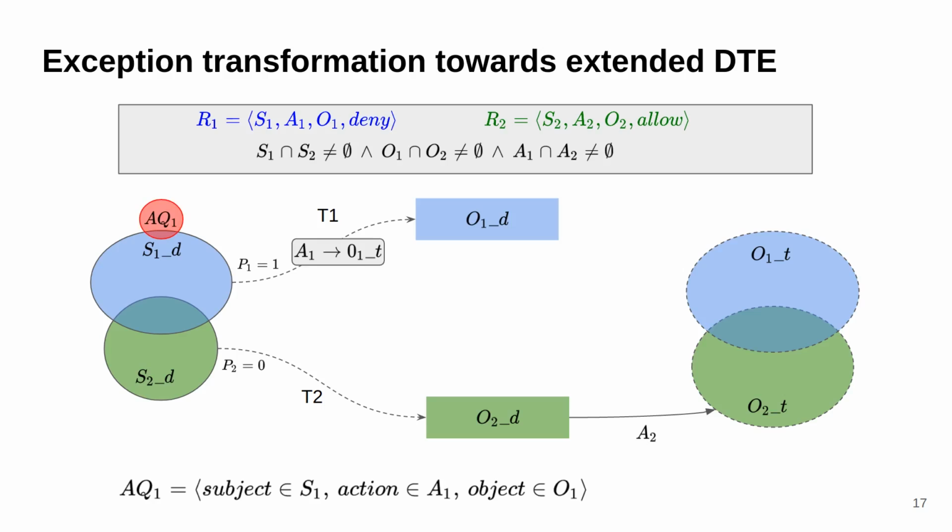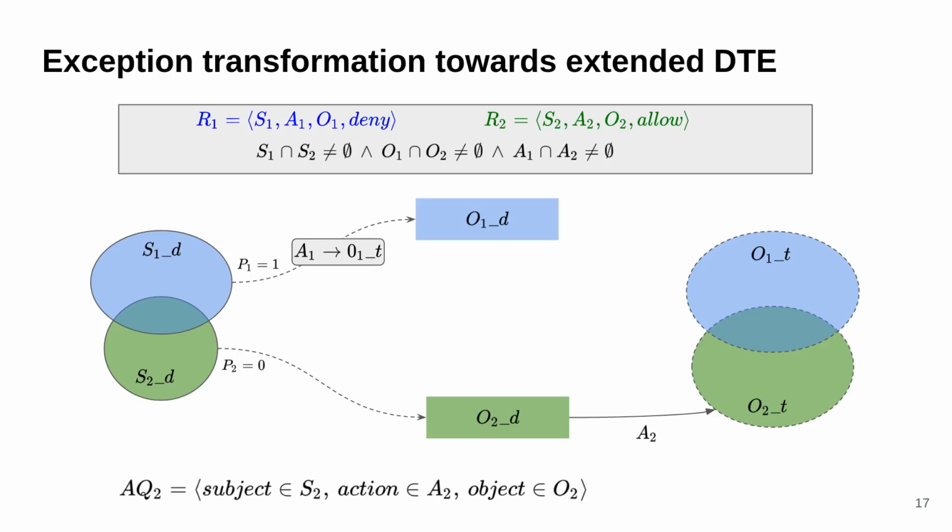AQ1 satisfies the conditions of the domain transition T1, therefore it will transit to the domain O1D, where the domain O1D does not have any permission on the objects of O1T. As a result, the access requested by AQ1 will be denied, which conforms to the initial policy.